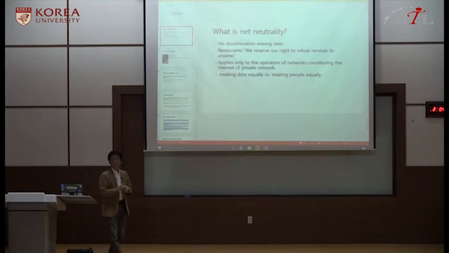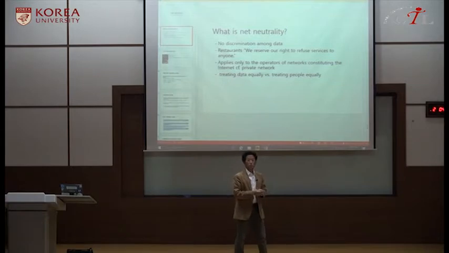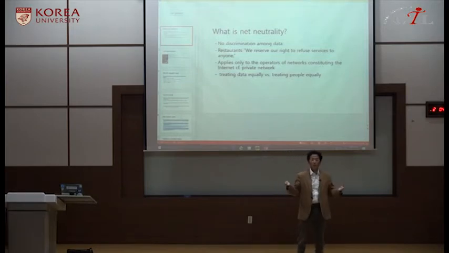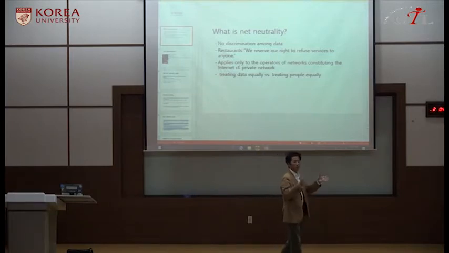Neutral so that it must not discriminate among different types of data and applications. So the network should not block certain data because, for instance, it's anti-government, or should not block data because it comes from YouTube as opposed to Africa TV, which is a kind of a Korean counterpart to YouTube.